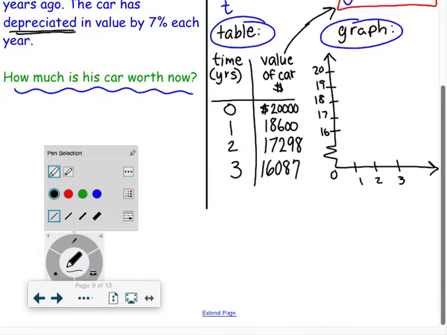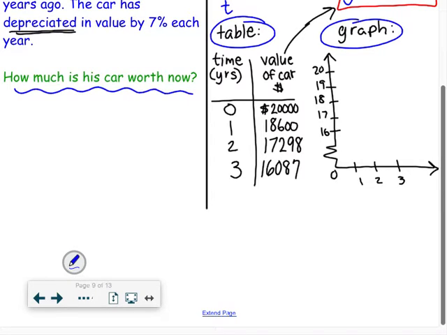Now I need labels. It's very important that you label on your graph. So my labels, this is time in years. And then this is value of car, and I went with thousands of dollars. So I'm just going to put value and thousands in parentheses.